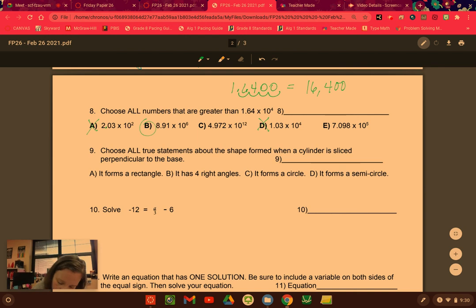B, and then C and E. Okay, so let's look at E. If I move 7.098 over 1, 2, 3, 4, 5, I'm going to get 709,800. That's bigger than 16,000, right?